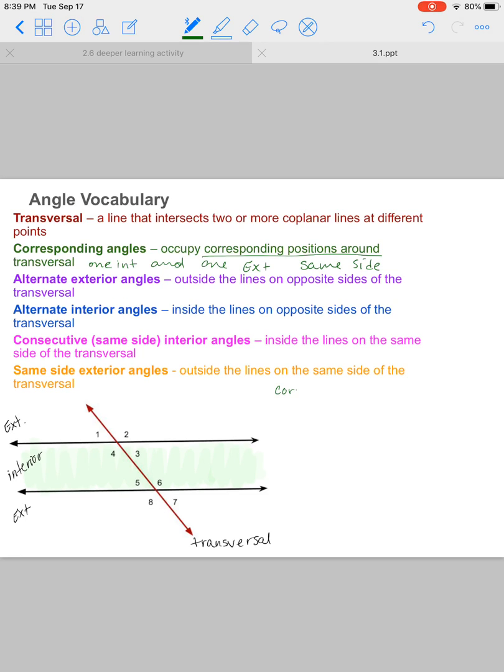So our corresponding angles would be angle 1 with angle 5, angle 2 with angle 6, angle 3 with angle 7, and angle 4 with angle 8.